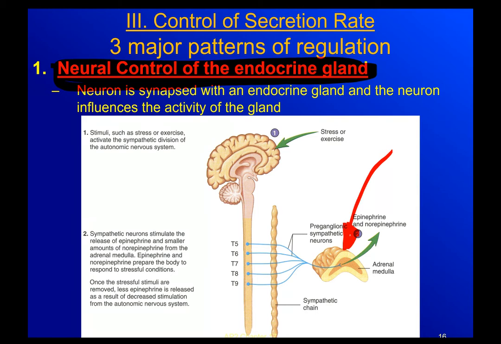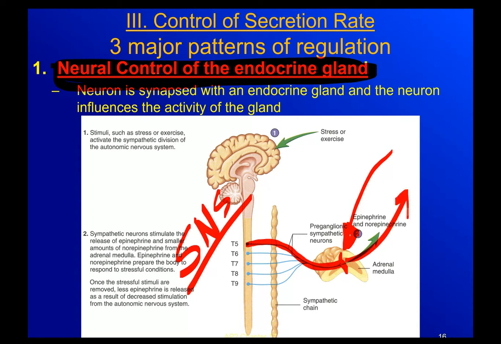It is an endocrine gland. And when the sympathetic nervous system, fight or flight, fires, that nervous signal goes to the adrenal medulla and causes it to release epinephrine or norepi, or a combination of the two.